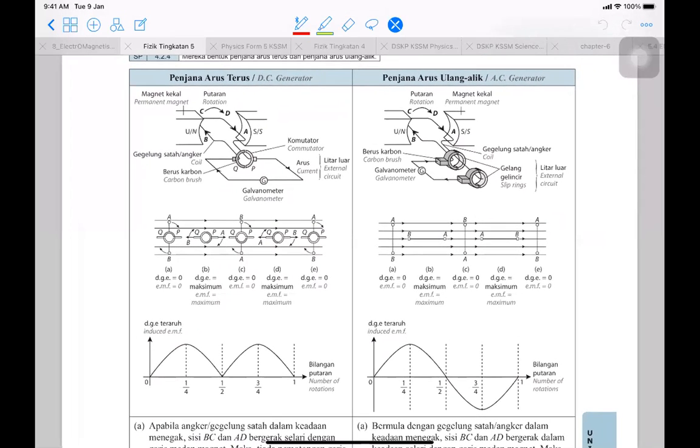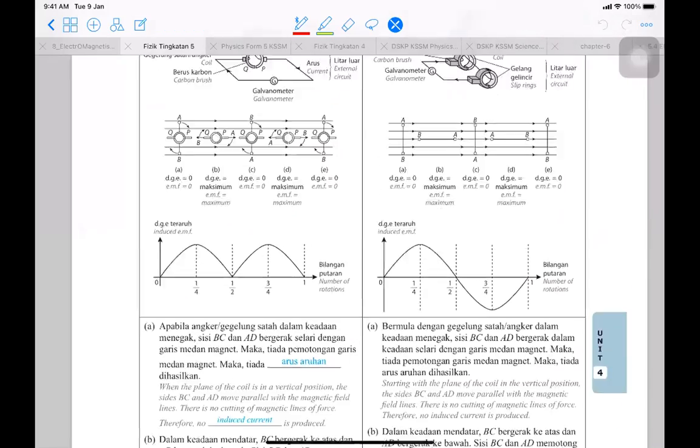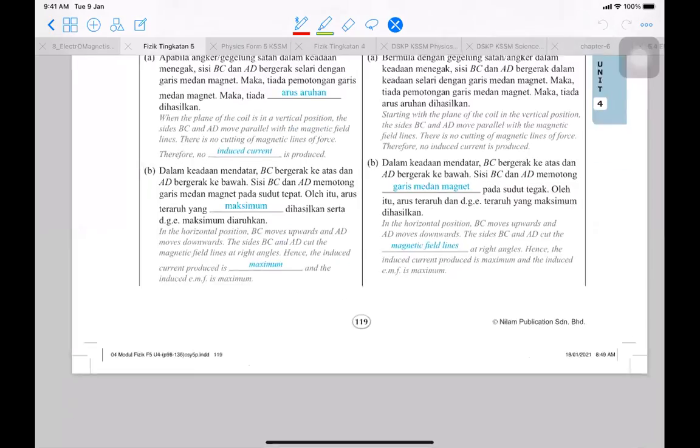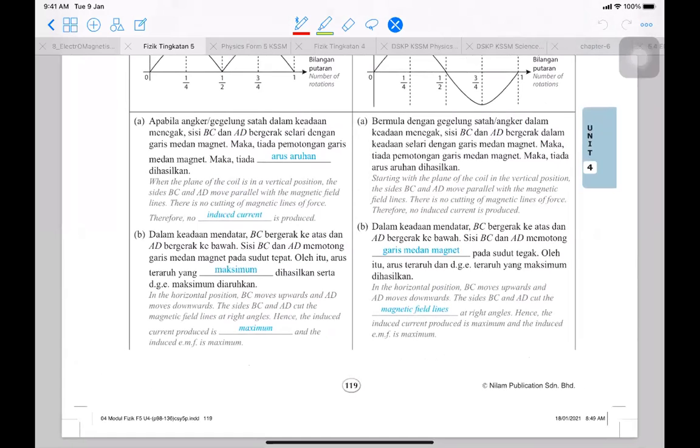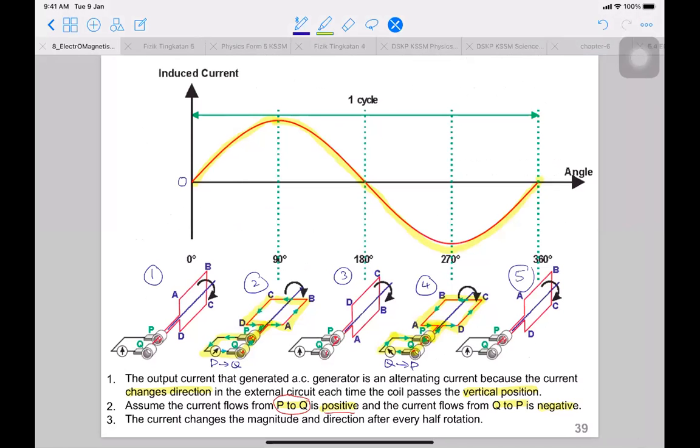Same thing like what I have just explained. Okay, you can just go through that one. But I prefer using this diagram because they are macam clearer and bigger instead of the ones in your workbook. Hopefully it helps lah.